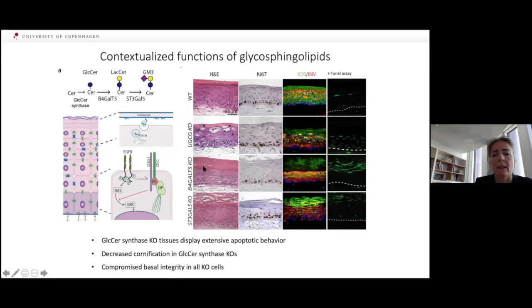But in the later chains of glycosphingolipids, we see a loss of basal cell integrity and a decreased cornification in the initial glycosphingolipid knockout, which fits with the mouse phenotypes, where knockout mice die early due to permeability defects.